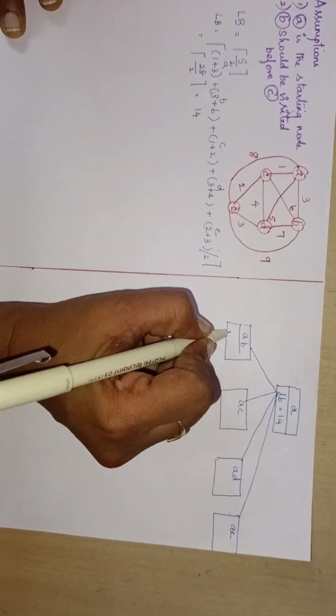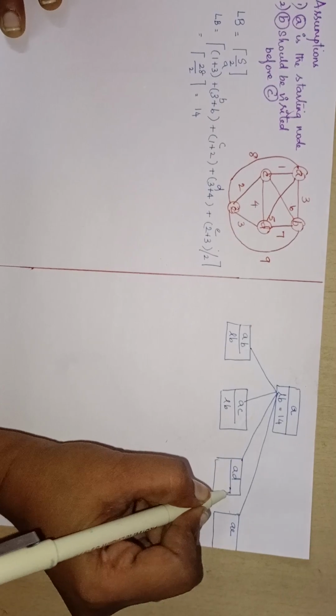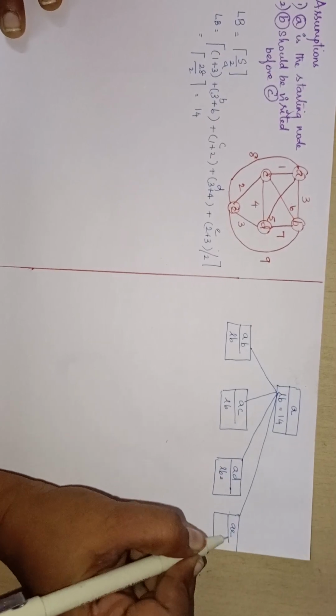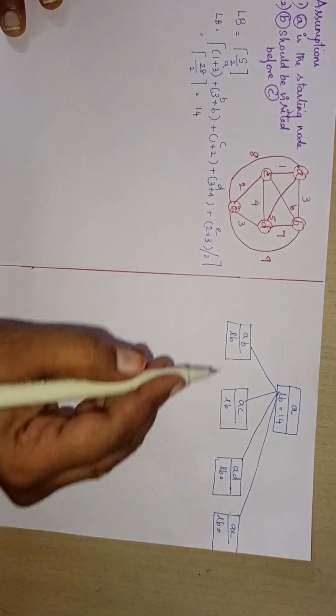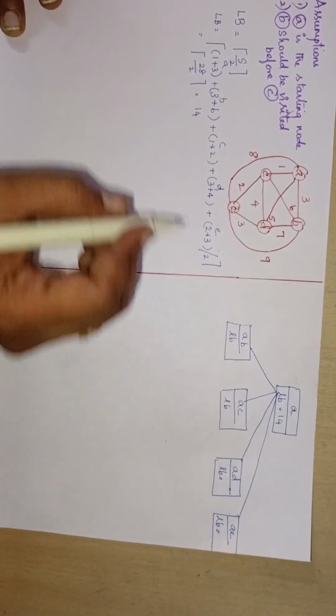I need to find the lower bound for all these edges. So, how to find the lower bound of edge AB?